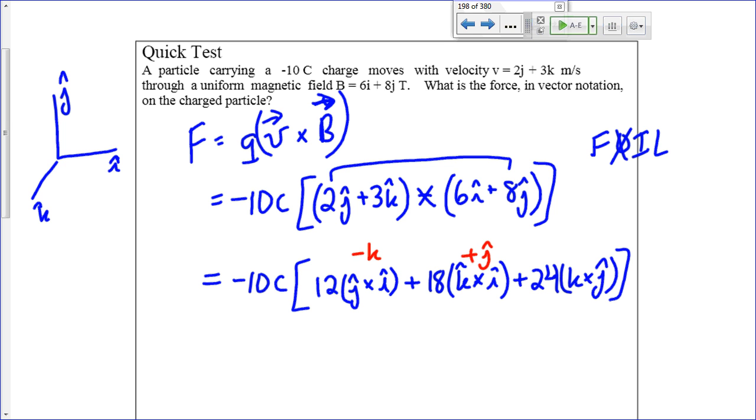And then this K cross J, what is that? It's negative I, right? So K is out of the page. Don't twist your hand. I always do it this way. So yeah, it's negative I. It's like this. Negative I.